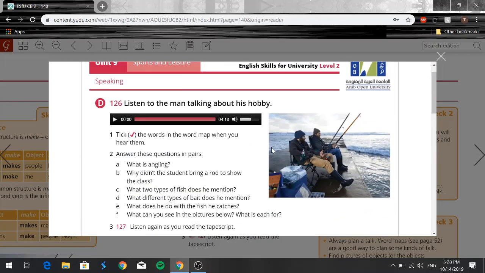But I'm guessing based on this picture here, we have a hook, and a hook is for catching the fish, obviously, a net to keep the fish in, maggots, that is bait to attract the fish, a reel to turn and pull or reel in a fish, and a fly, which is basically another form of bait to attract the fish.